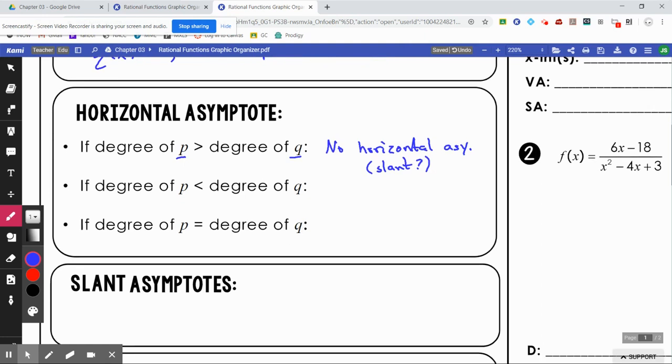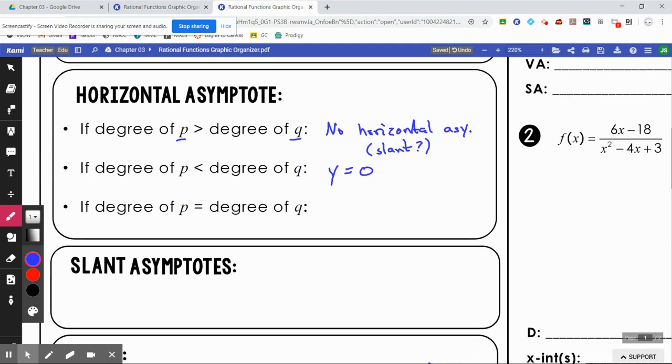If the degree of the top is less than the degree of the bottom, then y equals 0 is going to be your horizontal asymptote. If the degrees are equal, then your horizontal asymptote will be y equals the leading coefficient of p over the leading coefficient of q.